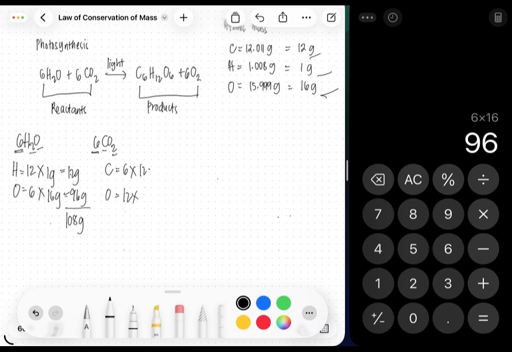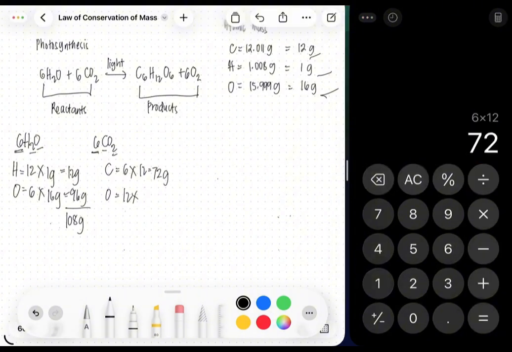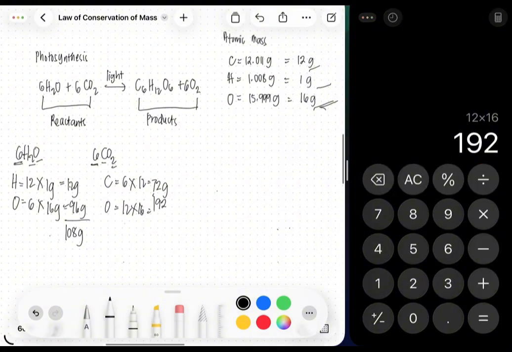So 6 times 12 is 72 grams. And then 12 times 16 grams, we get 192 grams. So we add these two, we get 264 grams.